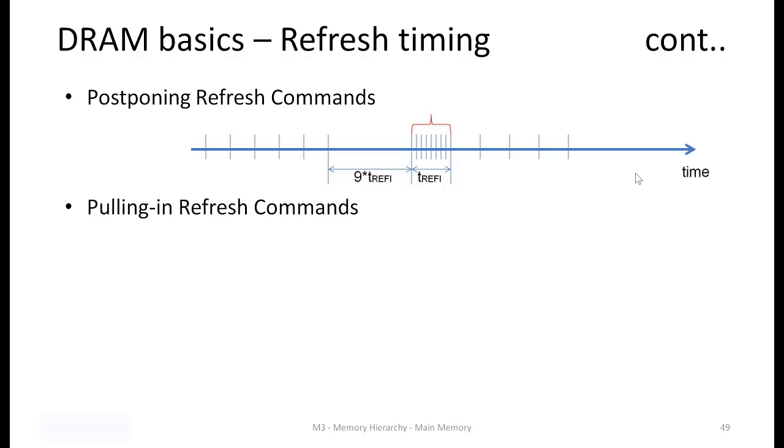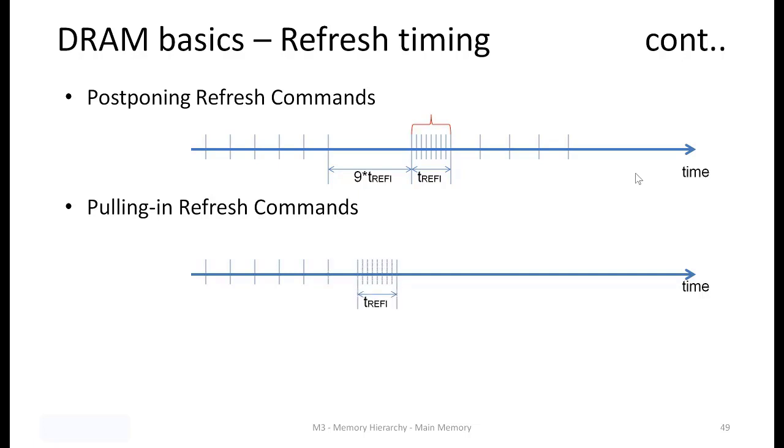Another feature is quite the opposite, wherein apart from the regular one refresh command per TREFI, we can send 9 refresh commands prior, and after that, for the next 9 TREFI intervals, we need not refresh.